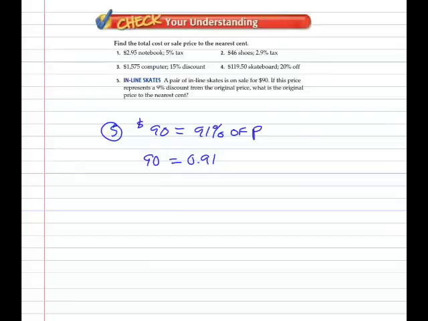So 90 equals 0.91P. If I divide both sides of my equation by 0.91, I will find that my original price was $98.90.